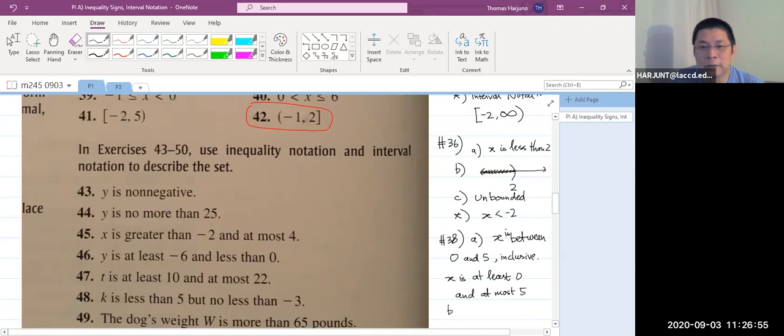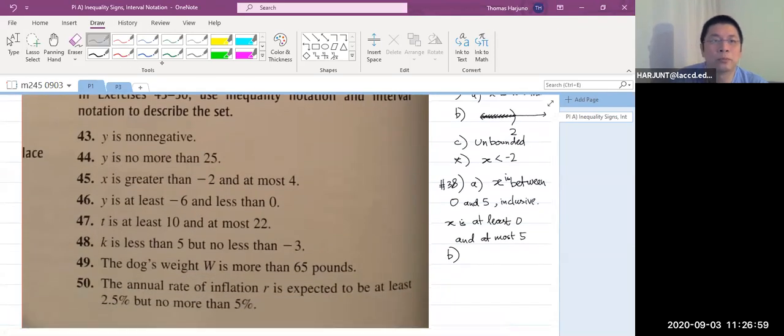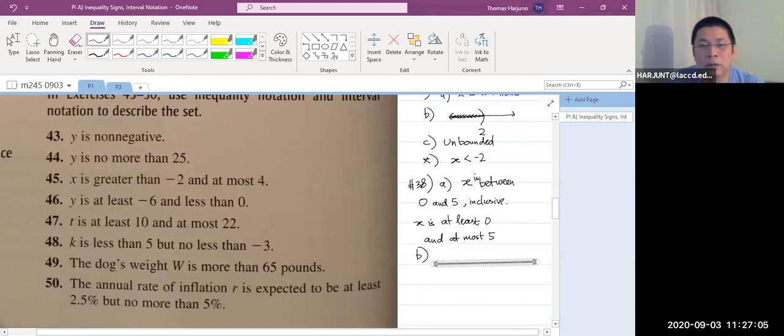Okay, the number line, that's including 0 and including 5. So it will be 0 here. Let's say I have 5 here, and I shade everything in between. Now, is it bounded or not? That's bounded because neither of them goes to infinity.